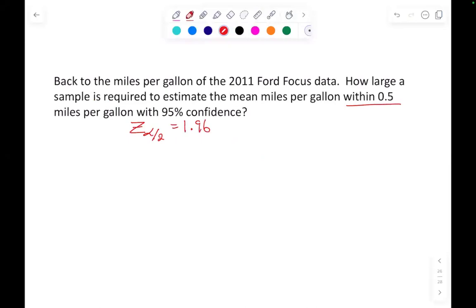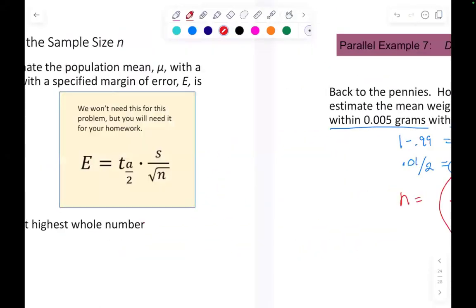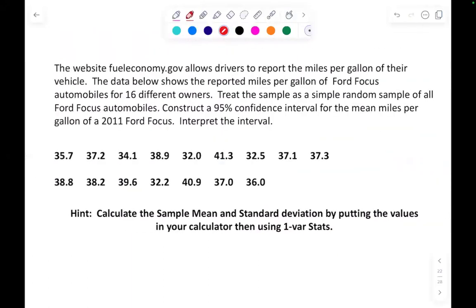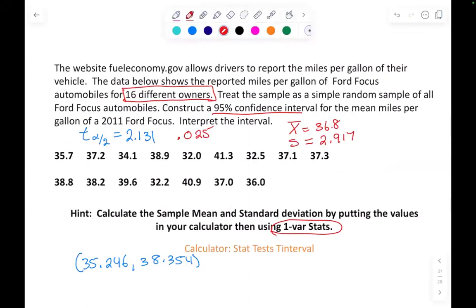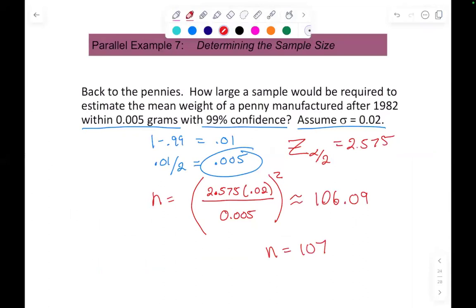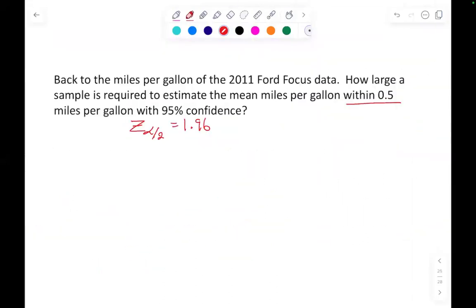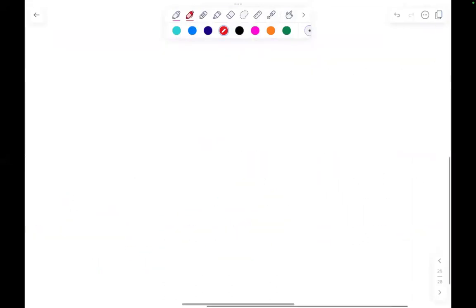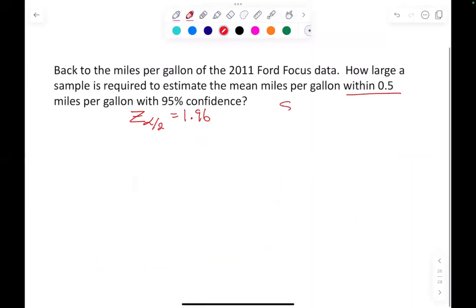What was that standard deviation? Our standard deviation, my S, is 2.917. So use that for the standard deviation. So go ahead and calculate your sample size.